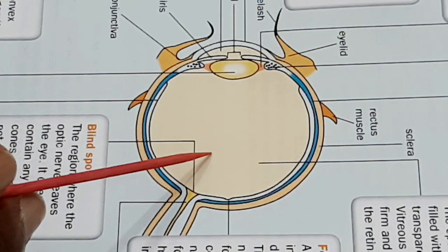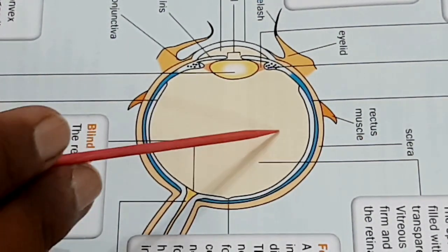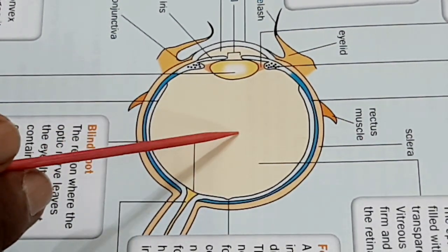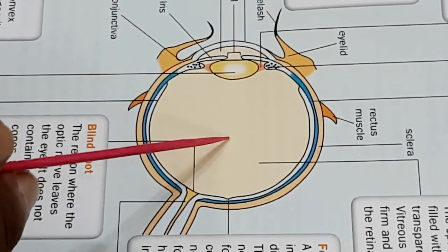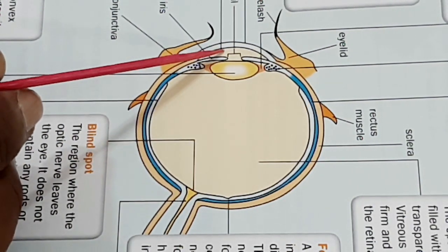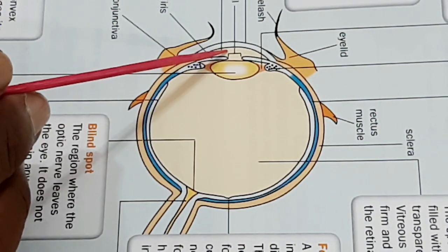So this is the internal structure of the eye. This whole region is called the vitreous chamber, filled with the fluid called the vitreous humor. You can also see this is called the aqueous chamber, and the fluid is known as the aqueous humor.